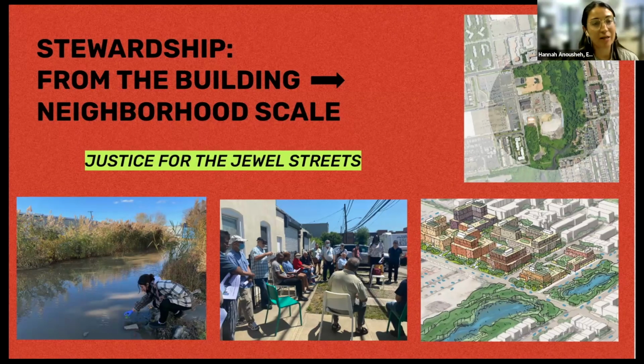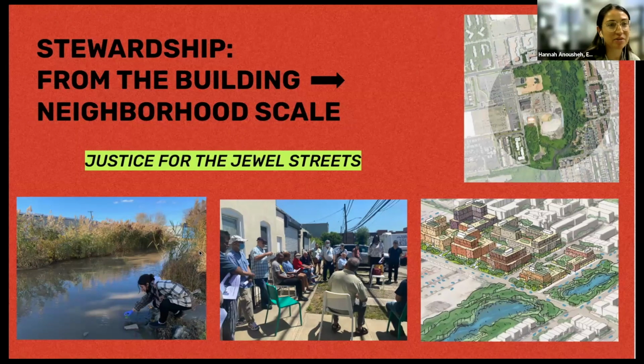So we've been engaged in a campaign for environmental justice for the Jewel Streets, which is a sub-neighborhood within East New York that experiences severe flooding and where residents aren't connected to the New York City sewer system, so they still rely on septic tanks in 2026. And you can see me there in 2021 getting a water sample. That is not a little creek or river. That's actually the street that is so severely flooded.